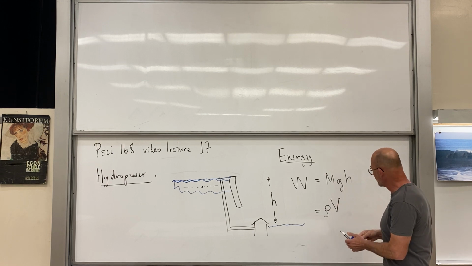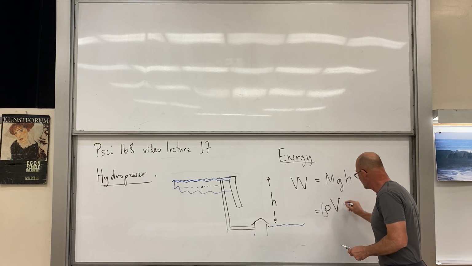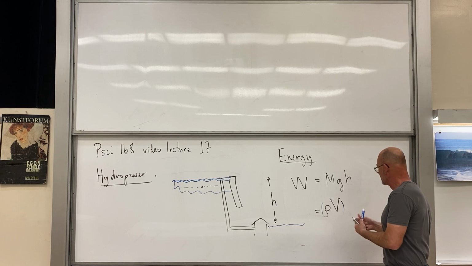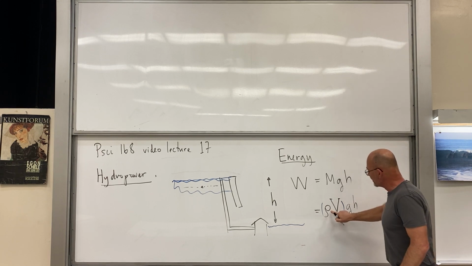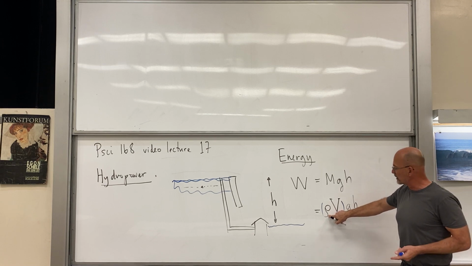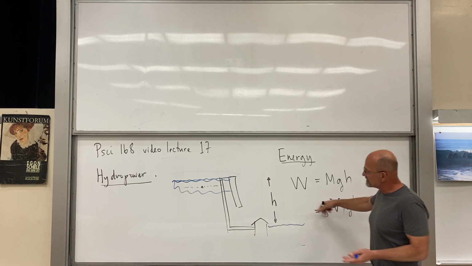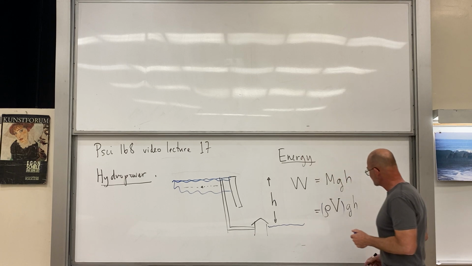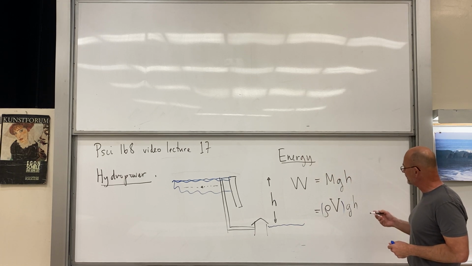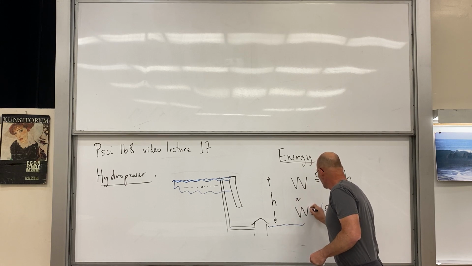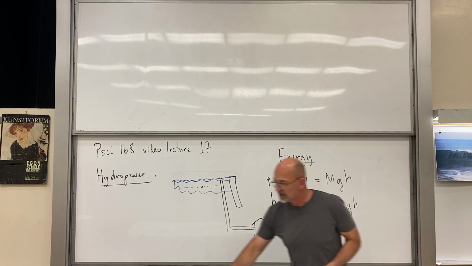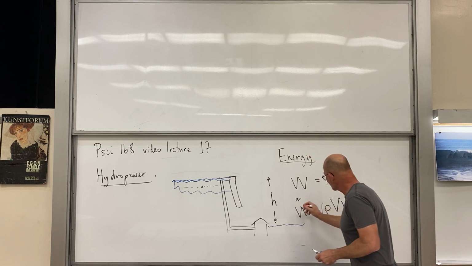I'll put parentheses around it. So when you actually calculate it, this density never changes. That's 1,000 kilograms per cubic meter. This volume depends on the size of your reservoir. So that's what we learned to do last time. I'll say W equals rho V g h. Put it in a red box.